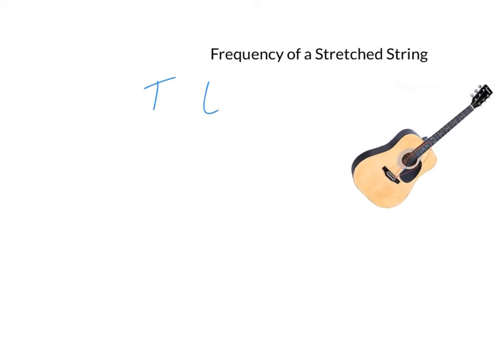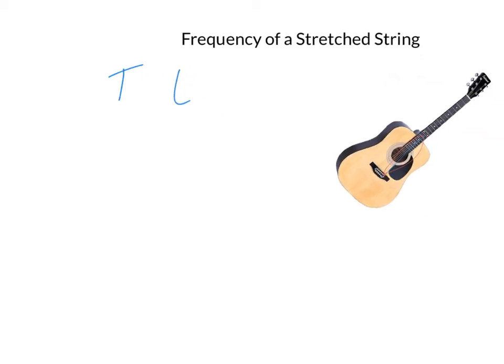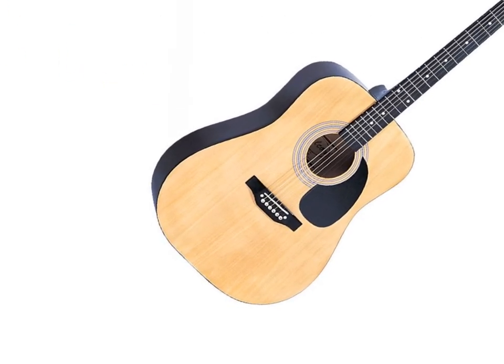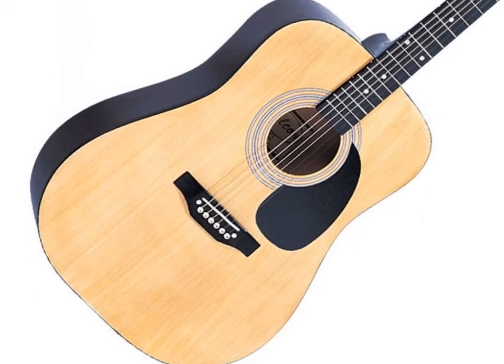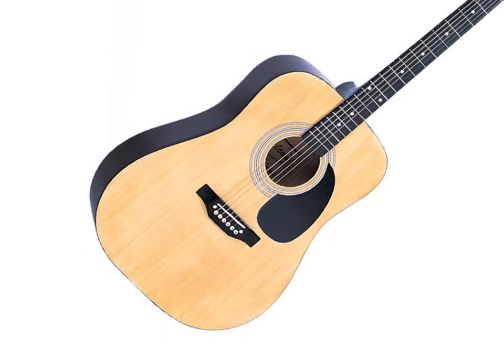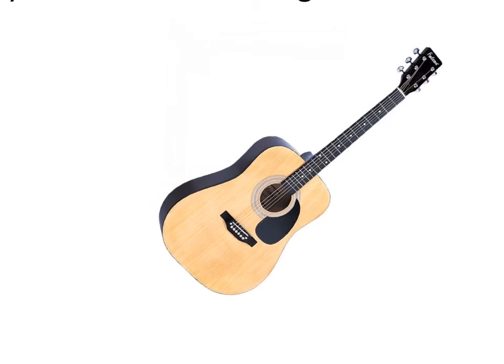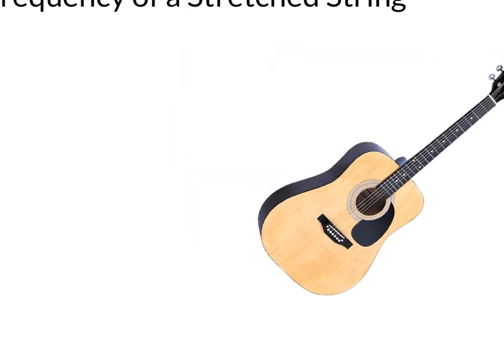The third way that we can affect the frequency of the string is something you might be able to see here, but certainly anybody who's played a stringed instrument will know that the thicker strings are generally towards this side and the thinner strings are towards this side. So generally as you go from the thicker to the thinner strings, the frequency and the pitch increase.